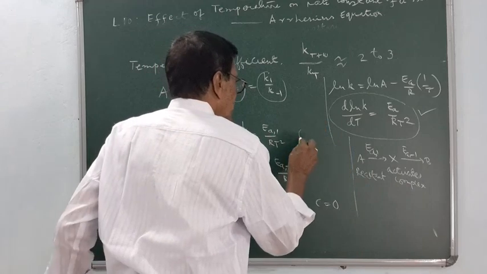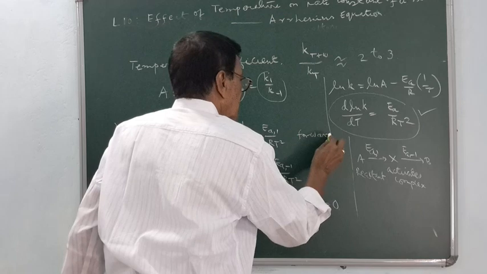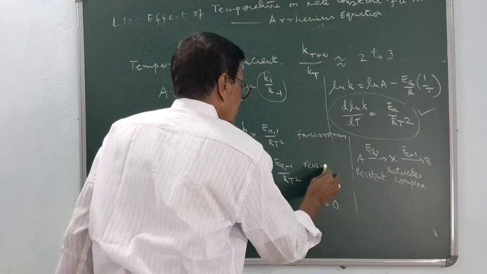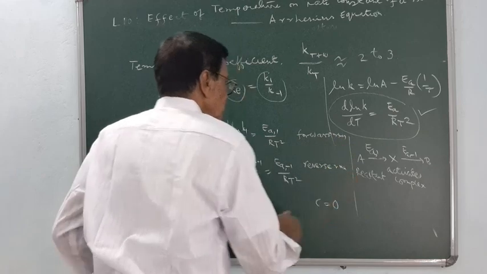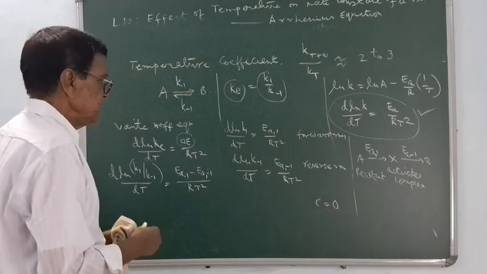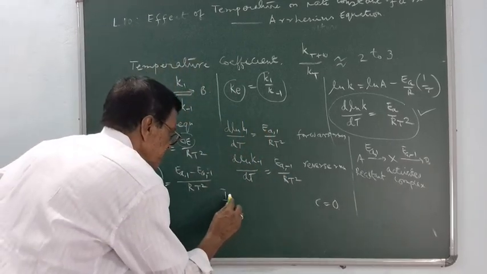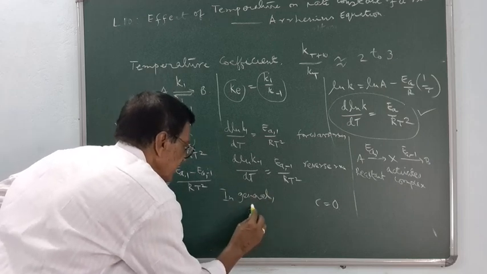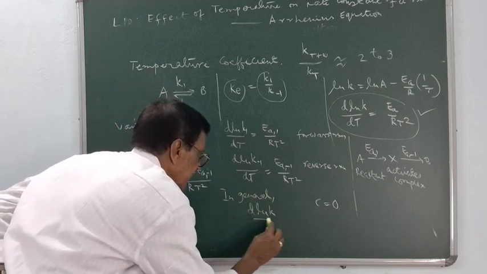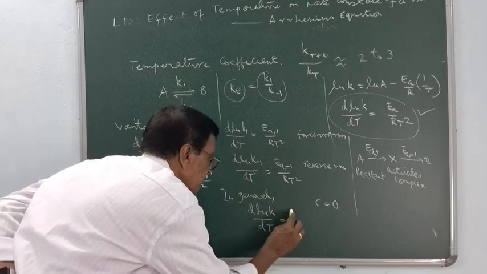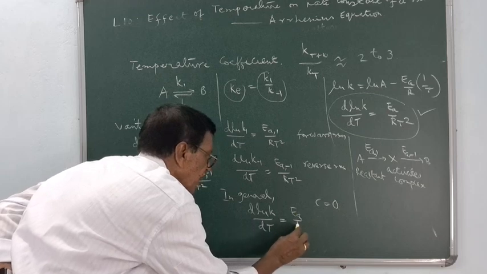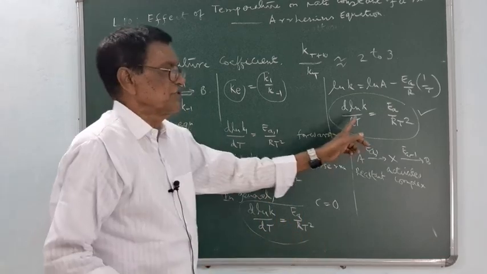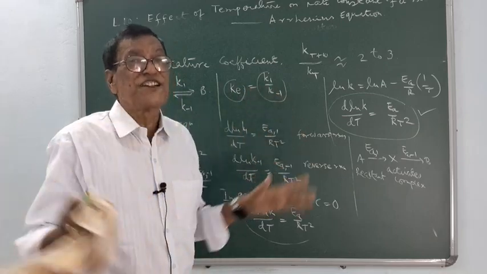So this is for the forward reaction, and this is for the reverse reaction. So in general we can write d ln k divided by dt equal to EA by RT square. So this is the Arrhenius equation, which is more general.